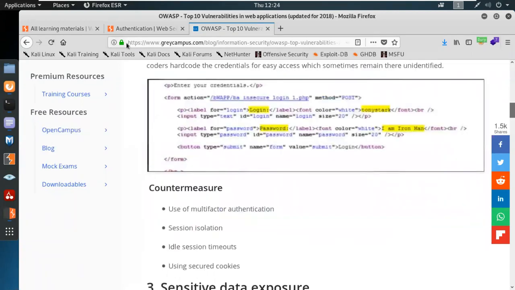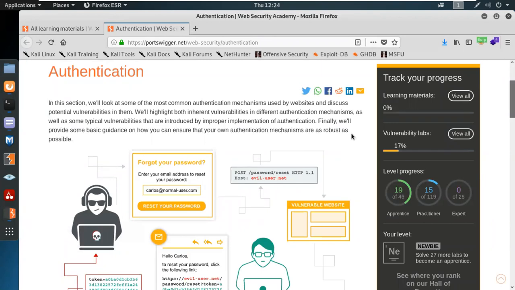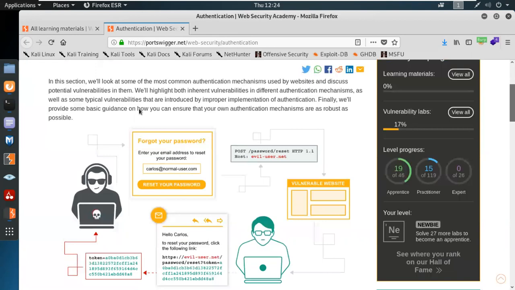So what exactly is the authentication part? As I mentioned, authentication is where a simple user has the credentials of that application to access it. You can see here, an attacker is using someone's email. If he knows the Carlos user email ID, he can use it to enter the forgot password flow, and the forgot password request will go to the vulnerable application.